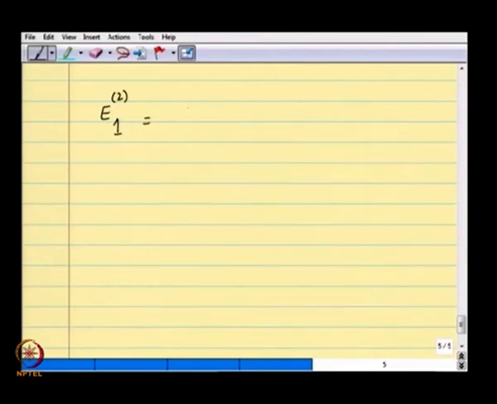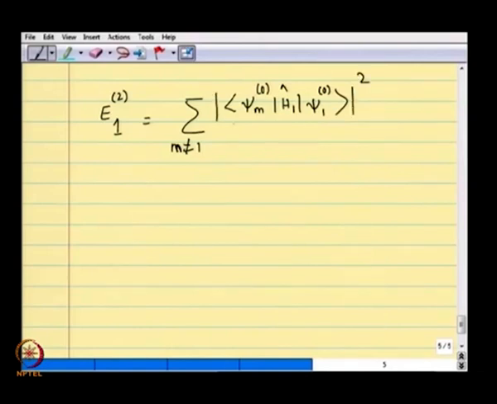The expression would be: sum over m not equal to 1 of the absolute square of psi m 0, H1, psi 1 0, divided by E 1 0 minus E m 0, isn't it?